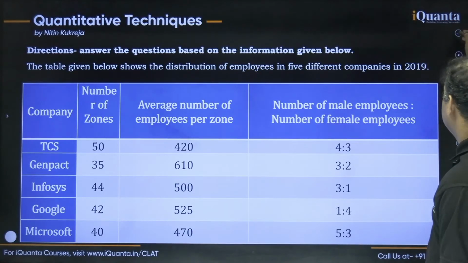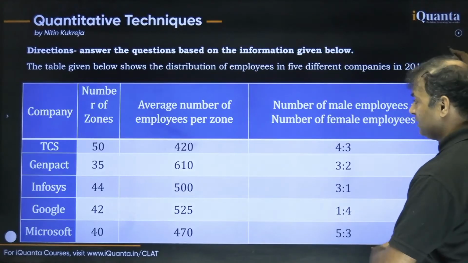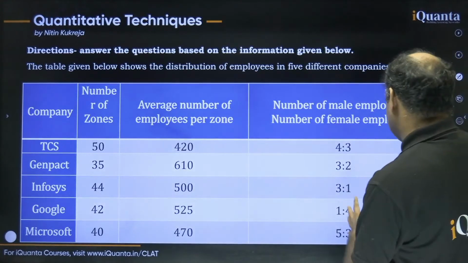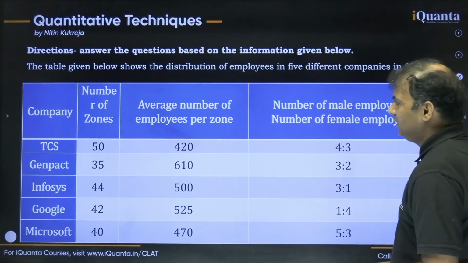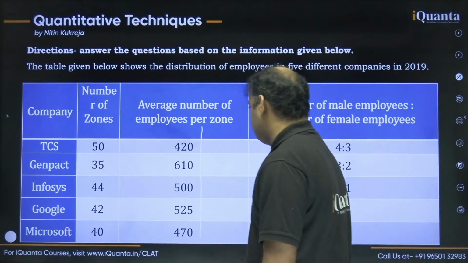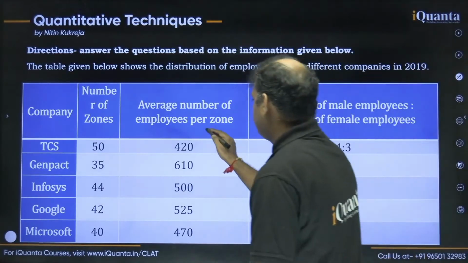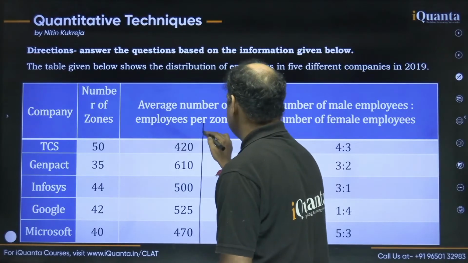So what am I doing? I'm going to the next slide and writing this table again, or we can do it here as well. Let's write a few more columns. First is the total employees.